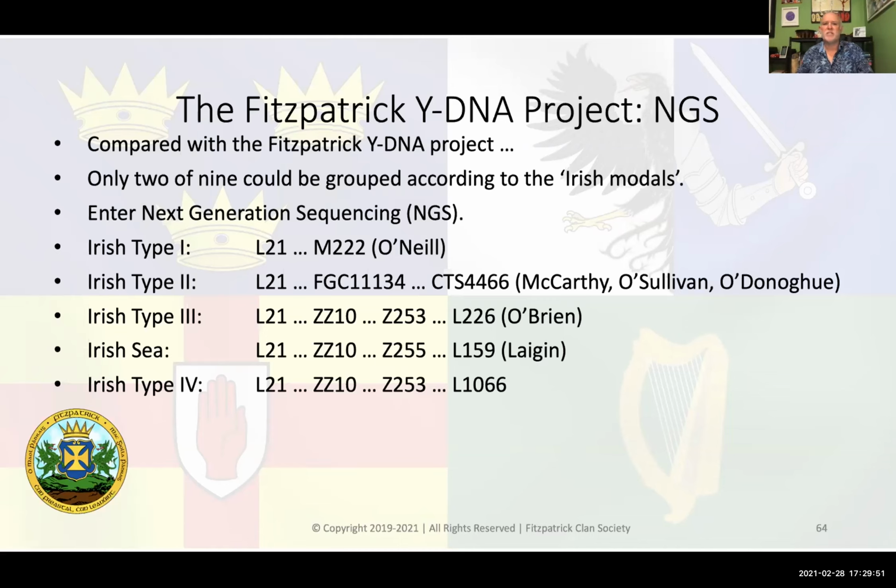So next generation sequencing has enabled us to really tightly define who the Irish groups are, okay? And there are many. It was a little bit problematic for the Fitzpatrick project because only 2 of those 9 groups that I put up before were strongly associated with what scientists were saying with the Irish models.